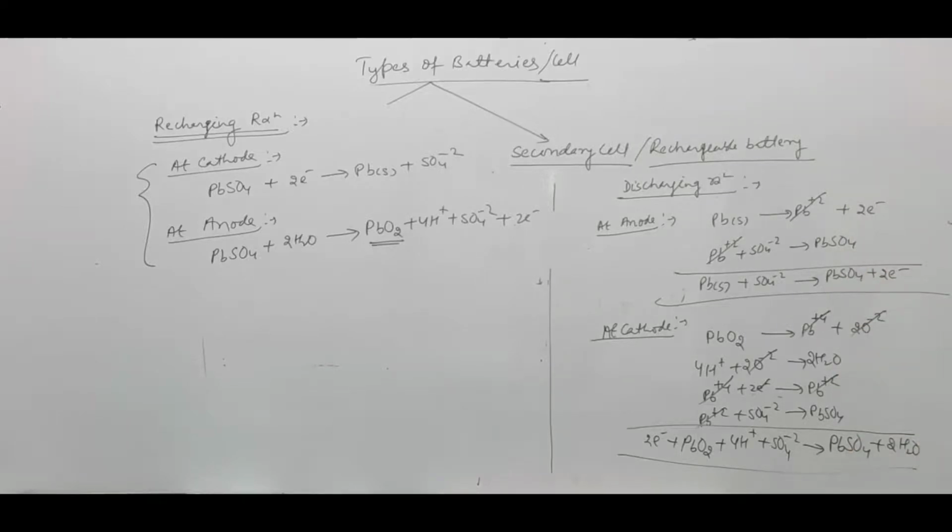Okay, this is about the lead storage battery. This lead storage battery is used to supply current for electrical vehicles, railway trains, mines, telephone exchanges, etc. It is also used in laboratories, hospitals, automobiles.